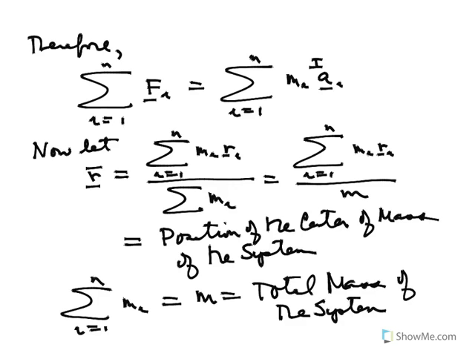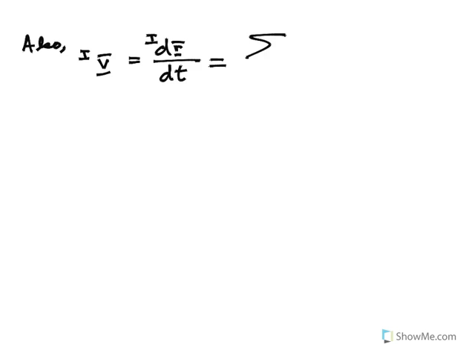Now, from this we can actually define two other quantities. V bar I is equal to the rate of change of r bar I, which is equal to the summation of mi vi in I going from 1 to n, all divided by m.